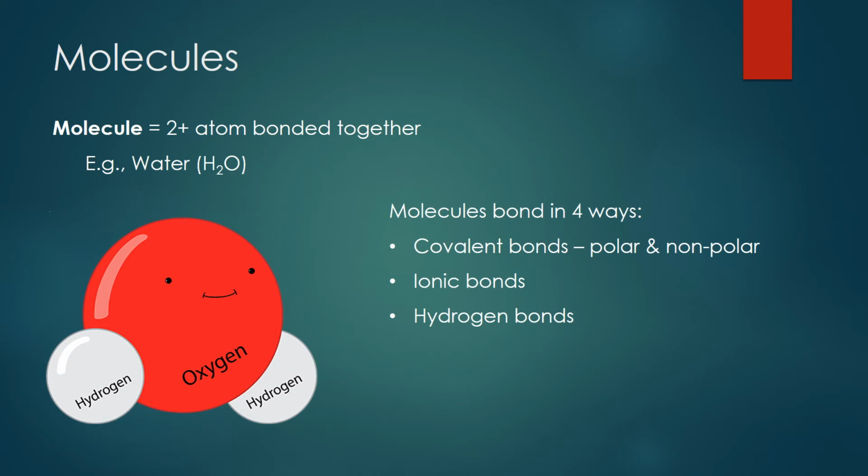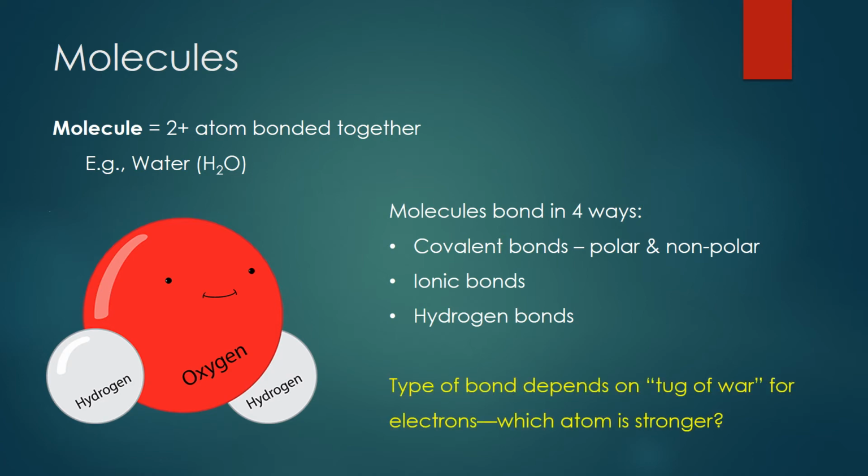Molecules can form bonds in 4 different ways that we're going to talk about in our class. We're going to call these covalent bonds that come in 2 flavors, polar and nonpolar covalent bonds, ionic bonds, and hydrogen bonds. The type of bonds that exist between 2 atoms depends on a tug of war for those shared electrons.